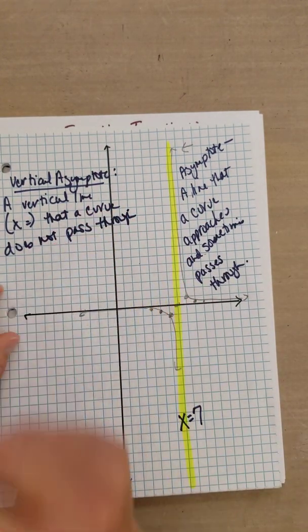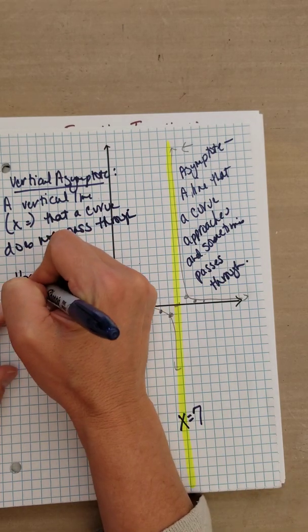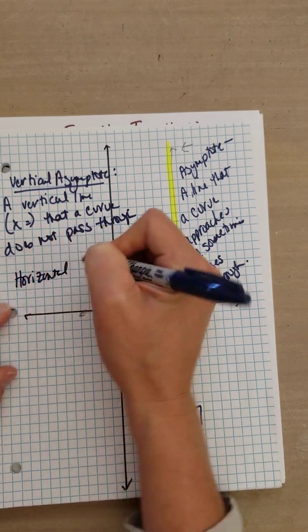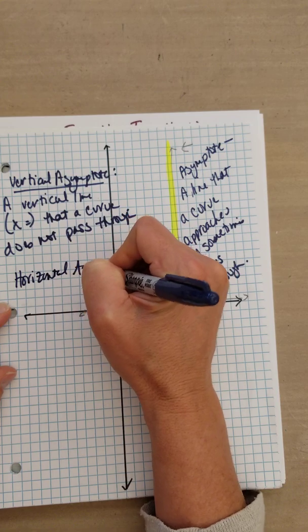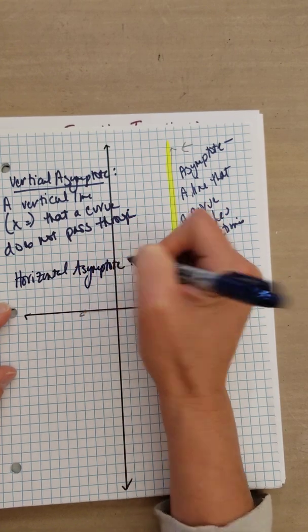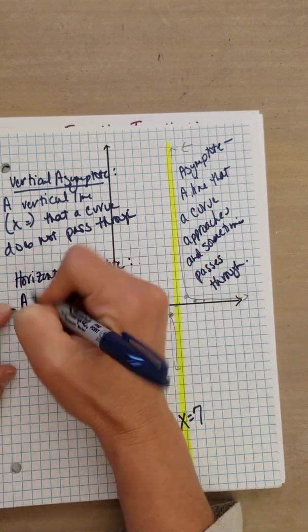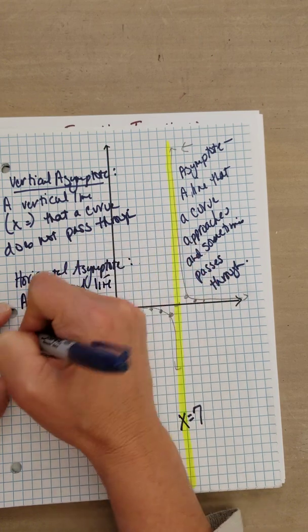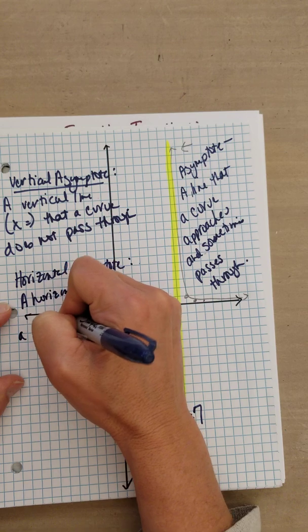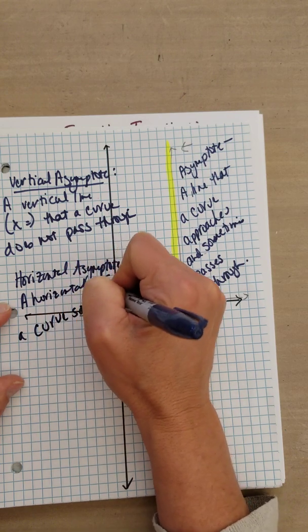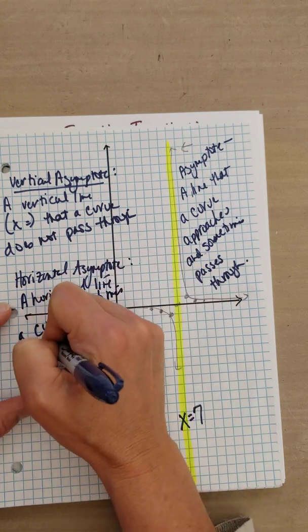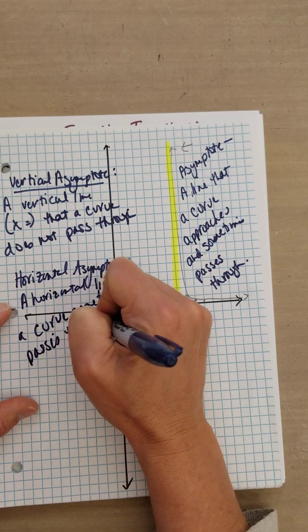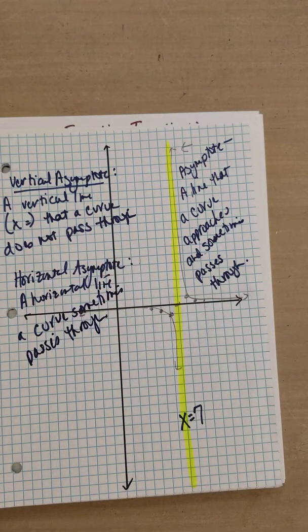And the horizontal asymptote, sometimes it passes through. We're not going to get to horizontal asymptotes for quite a while. And this is a horizontal line a curve sometimes passes through. All right, and if you have to press pause, that's my big vocabulary, you guys.